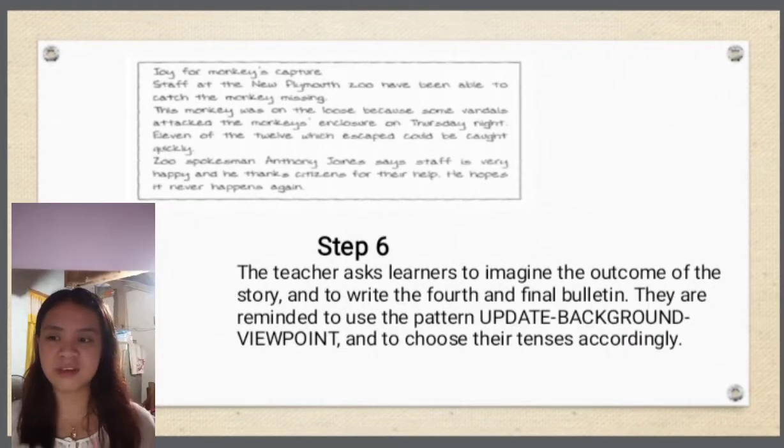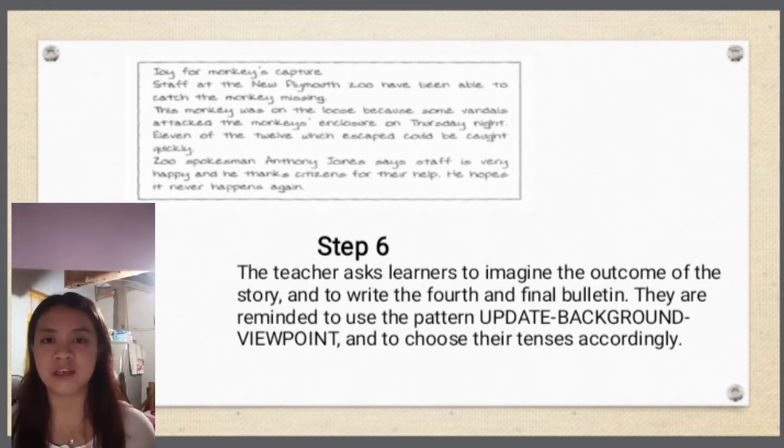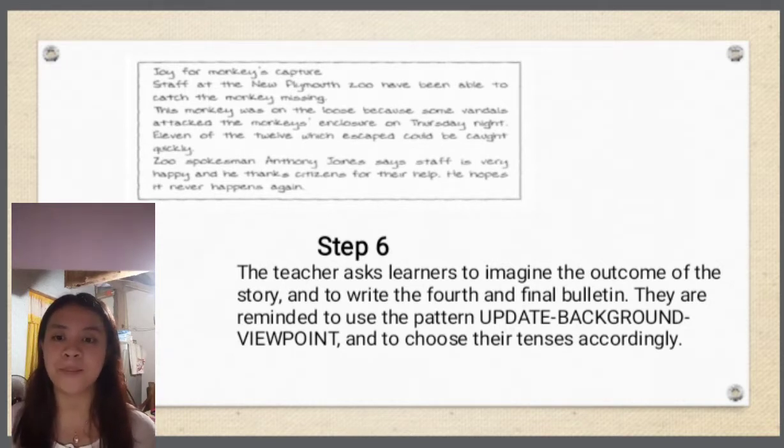So, in step 6, the teacher will ask the learners to imagine the outcome of the story. The students will imagine what would be the outcome of the story, and then write the fourth and final bulletin. They are reminded to use the pattern, which is the update, the background, and the viewpoint.